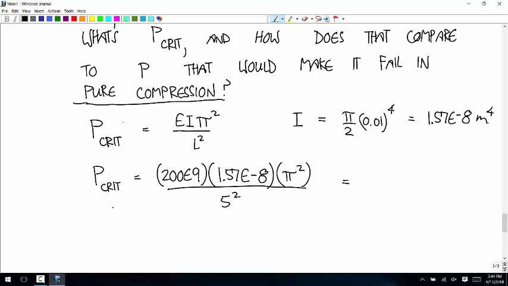And can someone just tell me what that is? 1240.25 newtons.